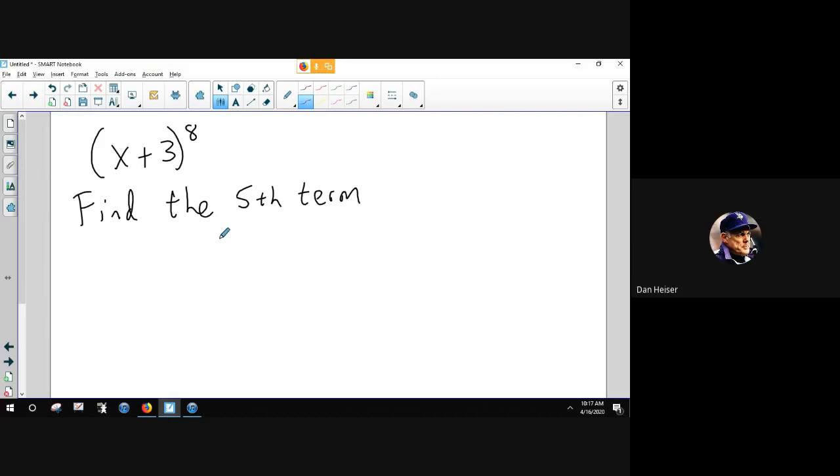So let's apply that. Fifth term. That means I will have 8C, 1 less. The reason it's 1 less is because first term is NC0. Second term, NC1. Third, NC2.